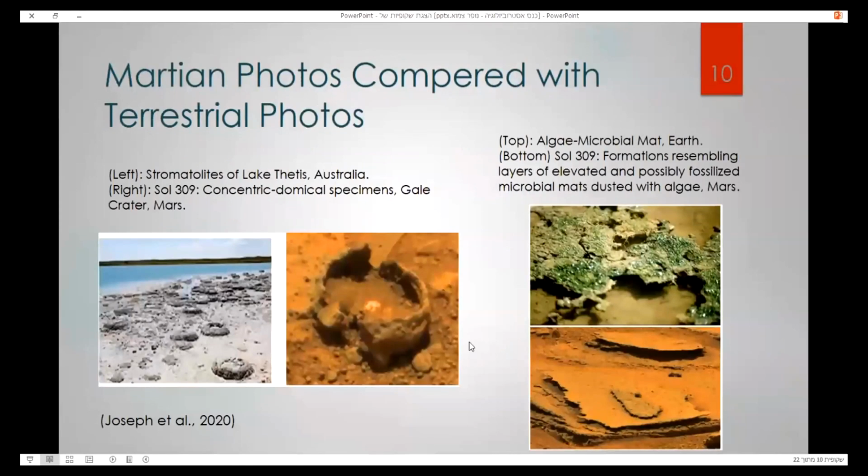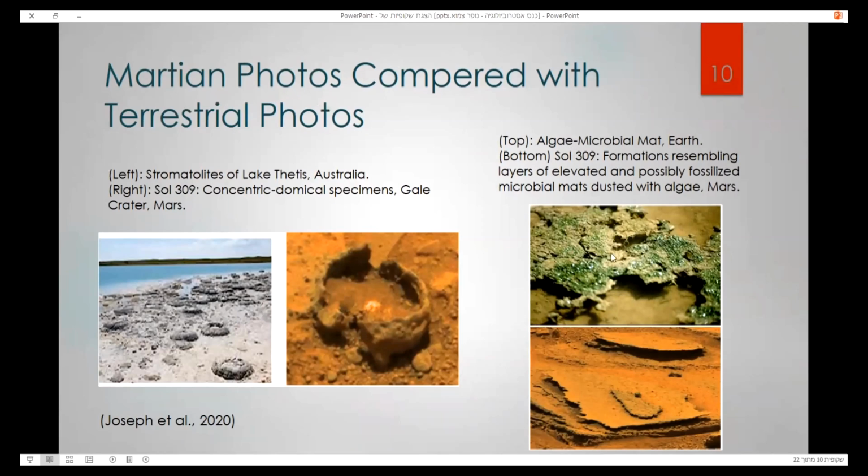This is Martian photos compared with terrestrial photos. This is stromatolites from Lake Thetis, Australia. This is a concentric specimen from Mars, which resembles the concentric form.